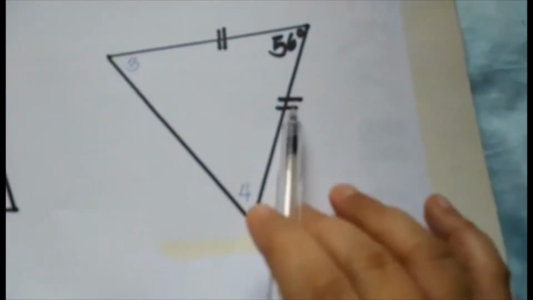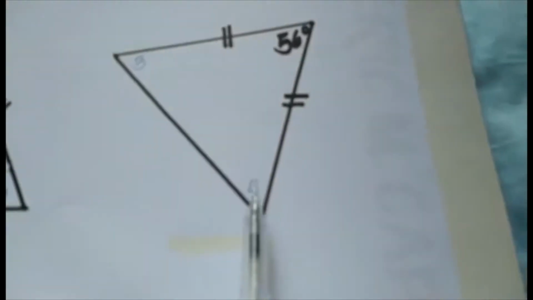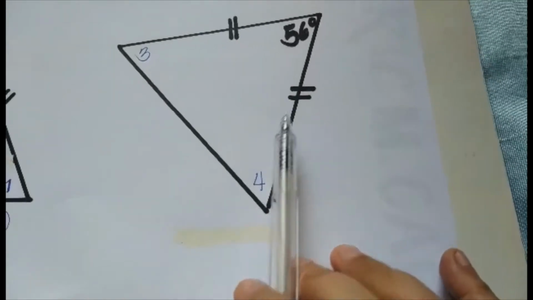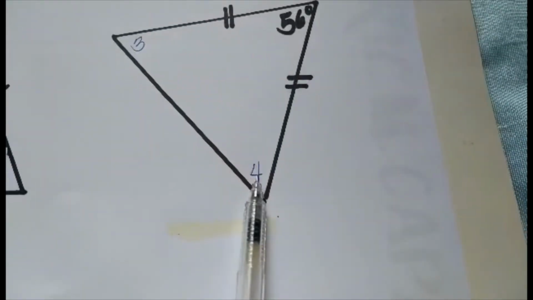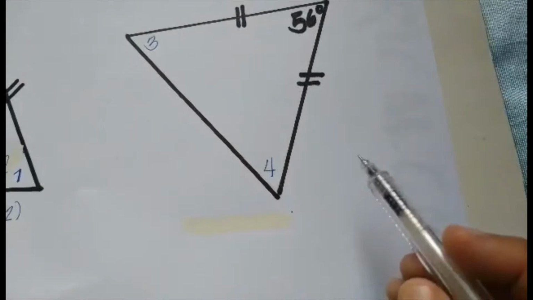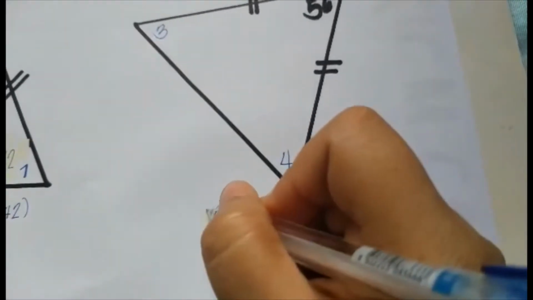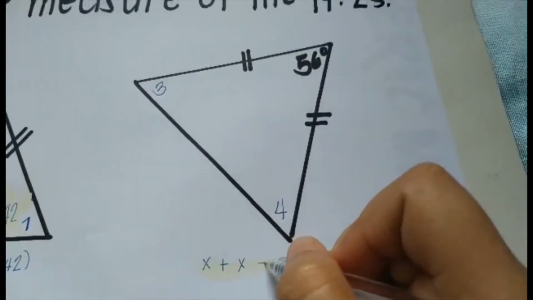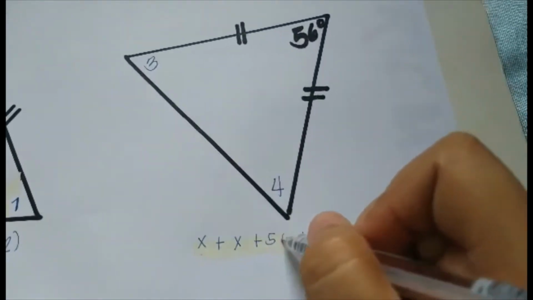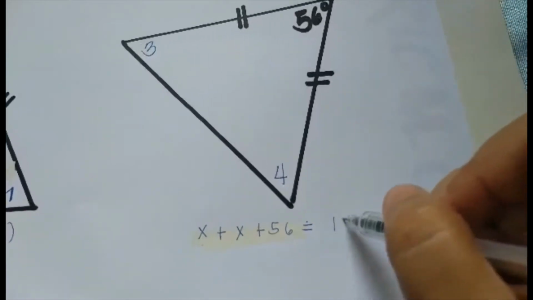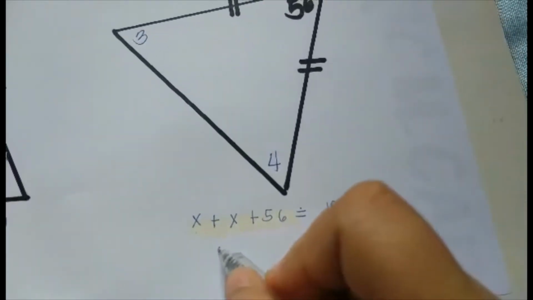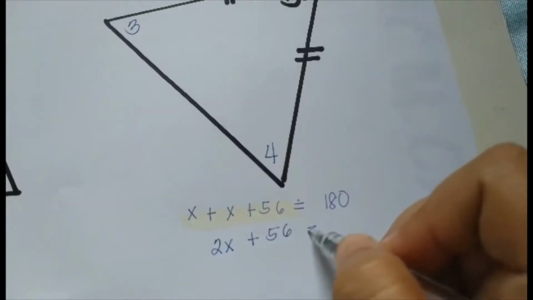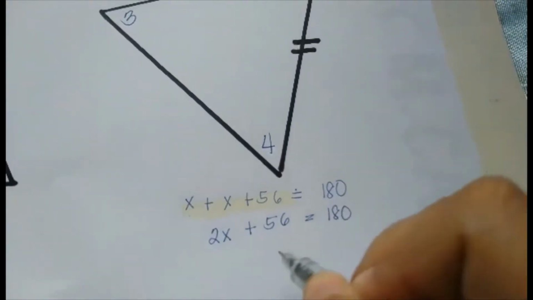So we have here angle 3 and angle 4 are both opposite the congruent sides. So meaning these two angles have the same measure. Let's say both of them measure x degrees. So we add x plus another x plus 56. That gives us 180 degrees. So we have 2x plus 56 equals 180 degrees.